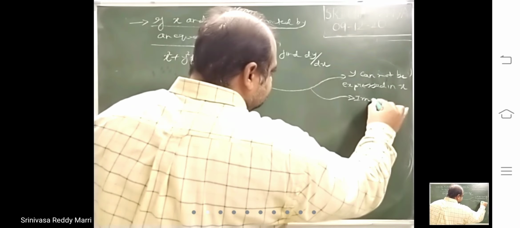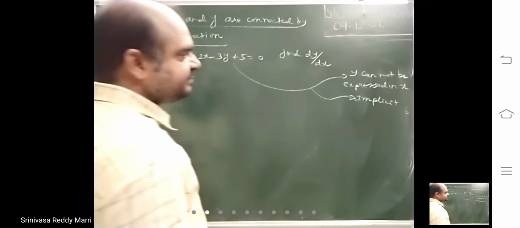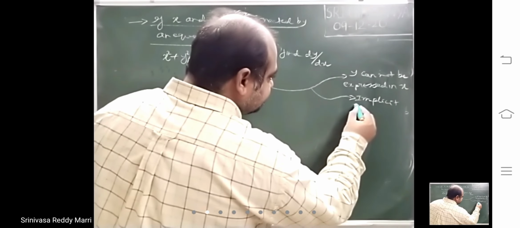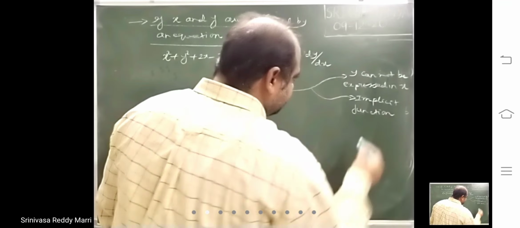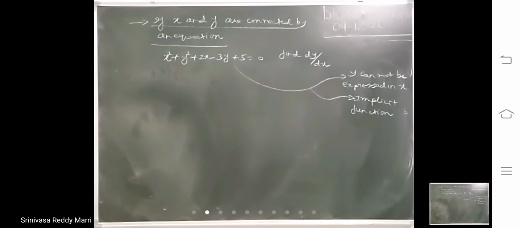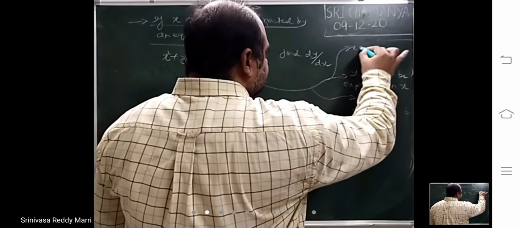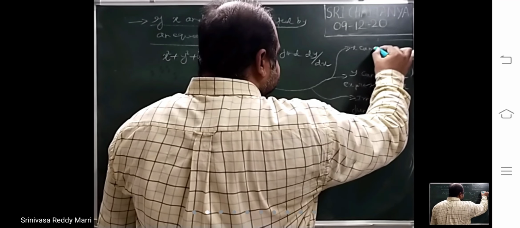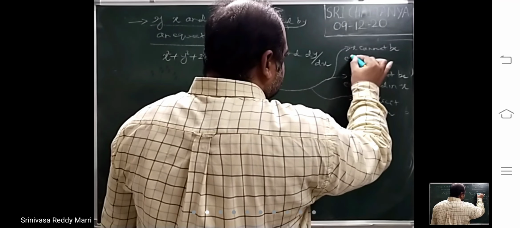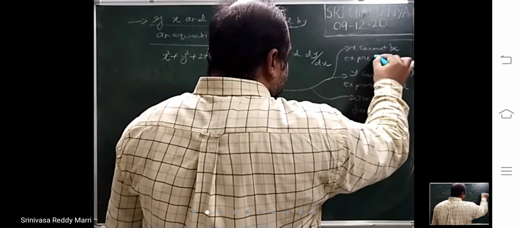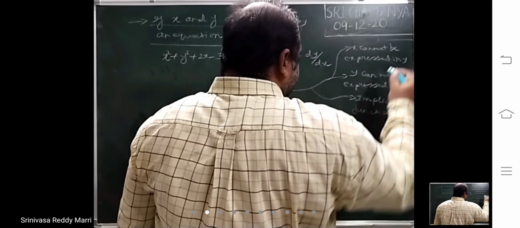If an equation is given in which y cannot be expressed in x, it is called an implicit function. Y cannot be expressed in x and also x cannot be expressed in y.